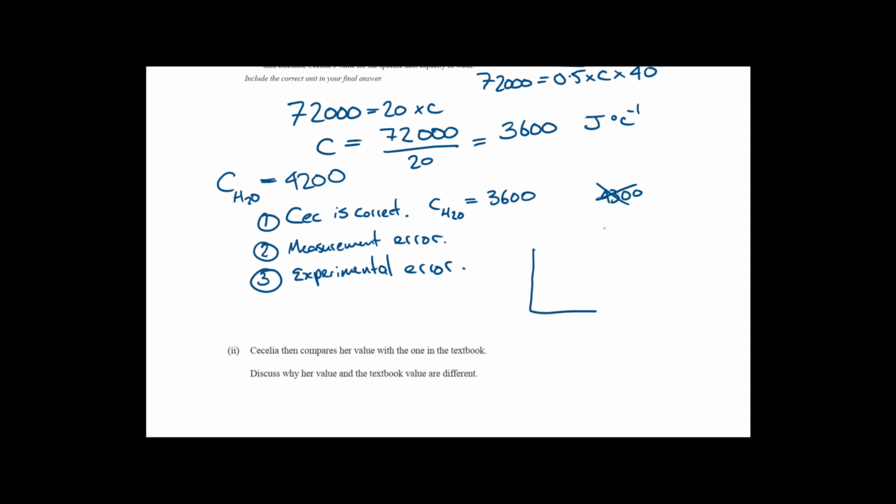When she has this water, there are going to be convection currents, and there are going to be hot spots in the water, especially near the bottom, where the bottom of the thermometer is. What she needs is a stirrer.